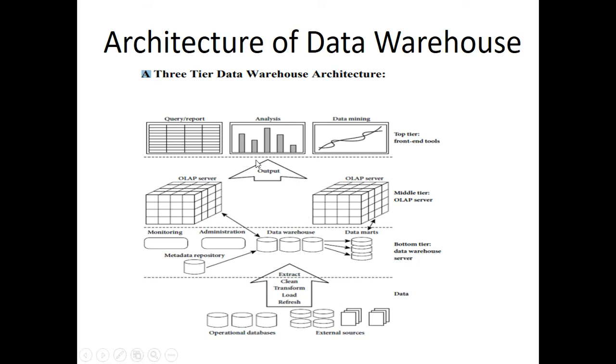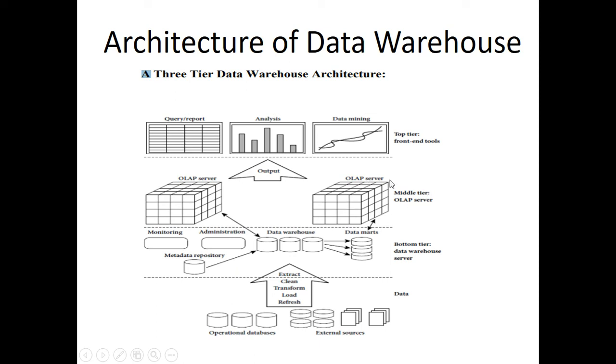This is the architecture. We have operational data sources and external data sources. We do extraction, cleaning, transformation, loading, and refresh. After that we have monitoring and administration, data warehouses, and data marts, then the metadata repositories. This is the bottom tier.